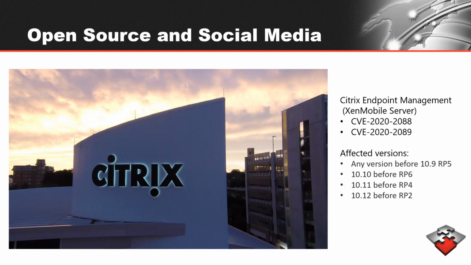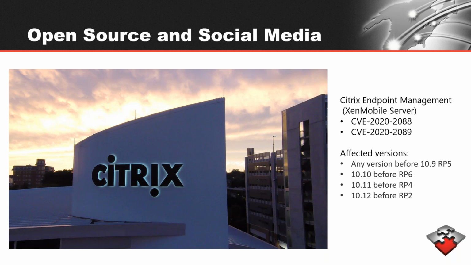In open source and social media, Citrix recently reported 2 critical vulnerabilities in their Citrix endpoint management product, also known as Zen Mobile Server. Affected versions are shown here on the slide. Exploiting these vulnerabilities would allow an attacker to read sensitive configuration files and encryption keys that protect sensitive data.